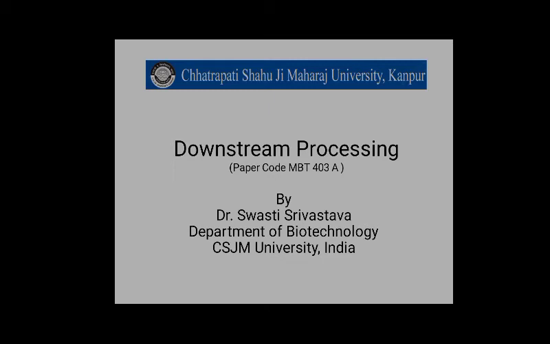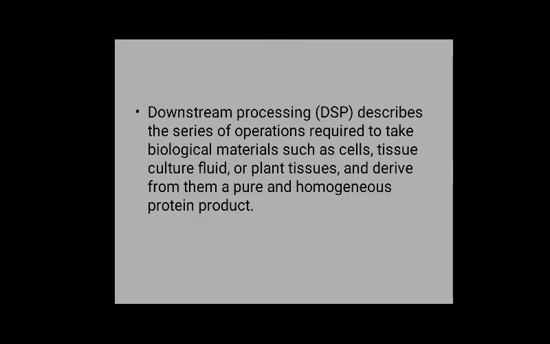So first we need to understand the definition of downstream processing. It describes the series of operations that are required to take biological materials such as cells, tissue, culture fluid or plant tissues, and derive from them a pure and homogeneous protein product.